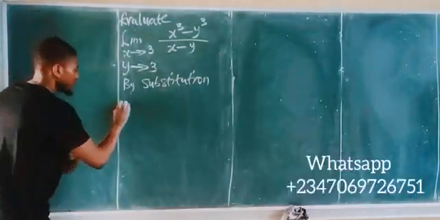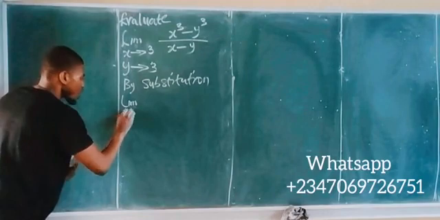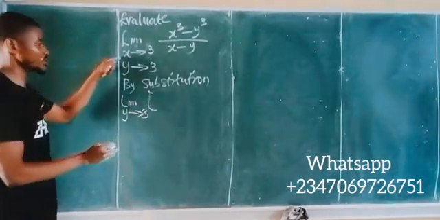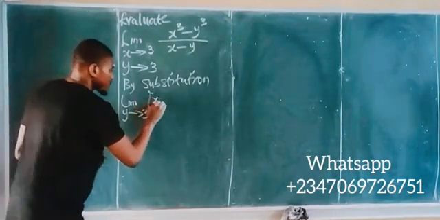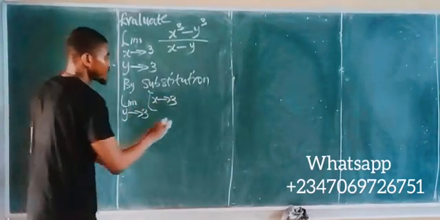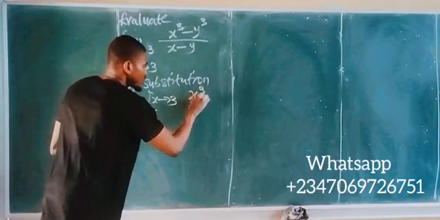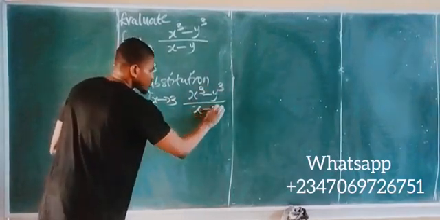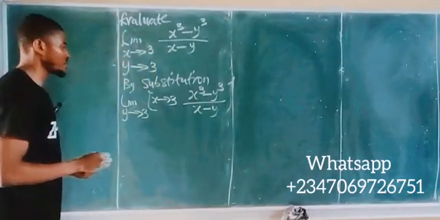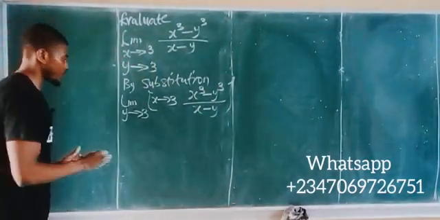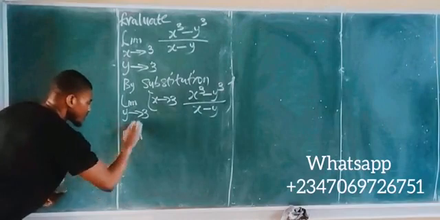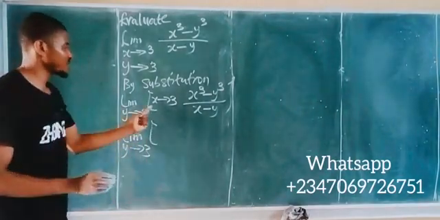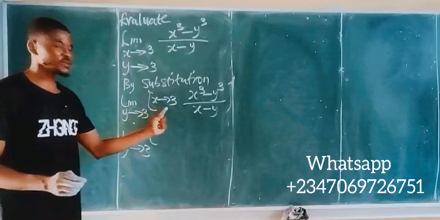We simply have limit as y tends to 3, so we send x tends to 3 into the bracket. We test first for x tends to 3 of x cubed minus y cubed all over x minus y. Wherever I see x, simply plug in the value 3.